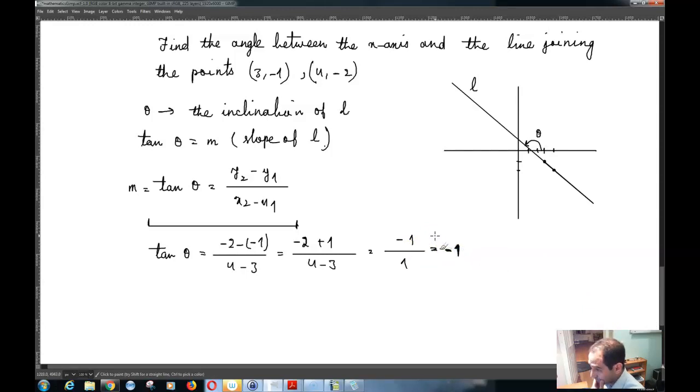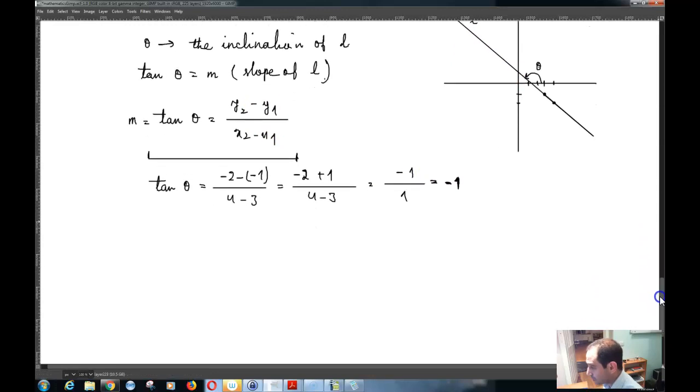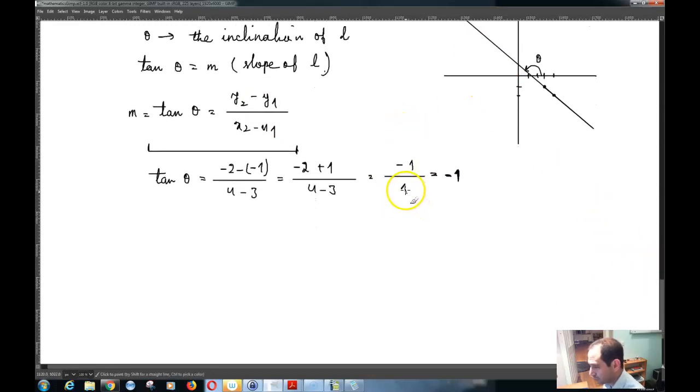Now you need to know what sort of angle will have a tangent of -1. If you take a look at the tan function, in the first quadrant tan is positive. In the second quadrant tan is negative.